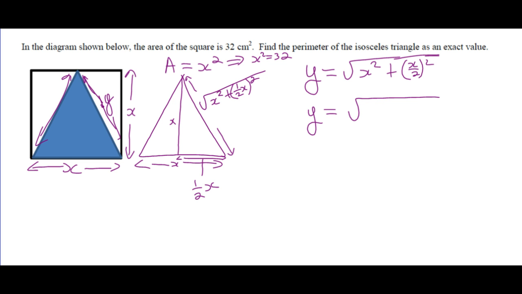Okay, so what do we got? We got x squared plus x squared over 4, yeah? So how many x squareds is that? Yeah, 5/4, right?